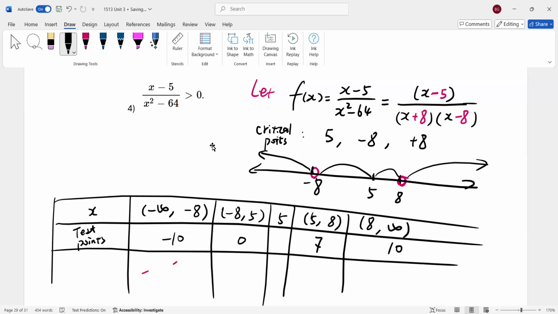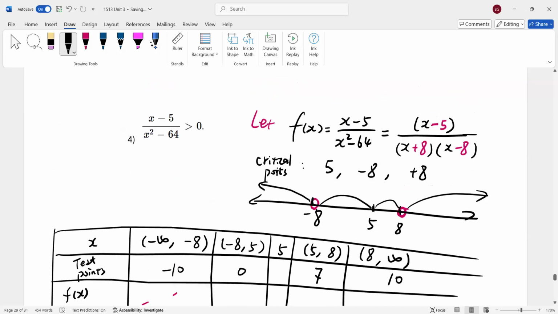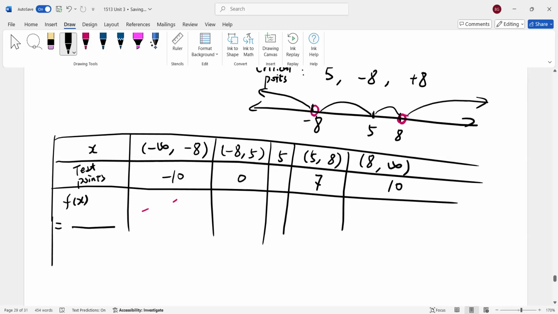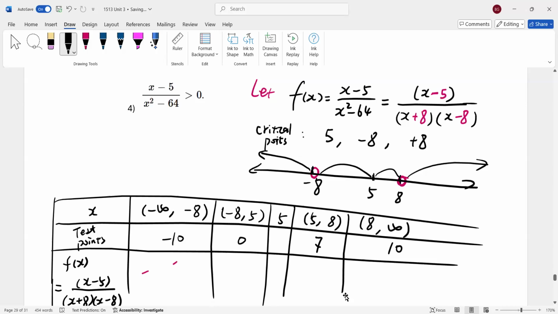And now we are going to look at the value of the function at those intervals. We're going to write the function in factored form. In the top, we have x minus 5. In the bottom, we have x plus 8 times x minus 8. Double check, that's the factored form of this rational function.